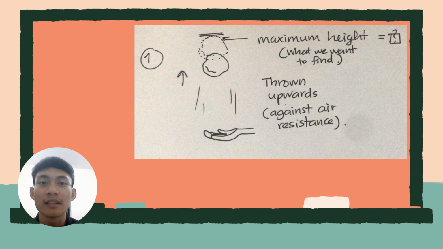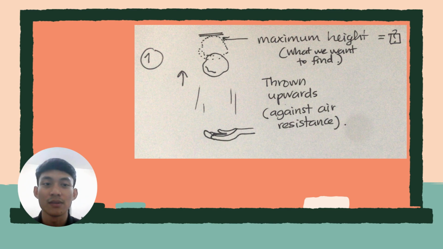As we can see here, we throw the stone upwards, vertically, so that we are going to find the maximum height that the stone can achieve, while we still consider the air resistance there because we are not in vacuum space.